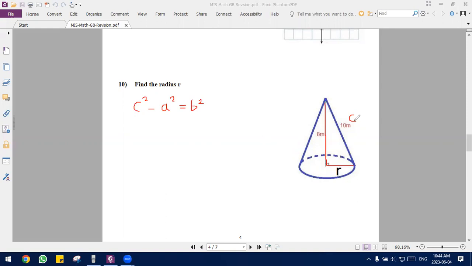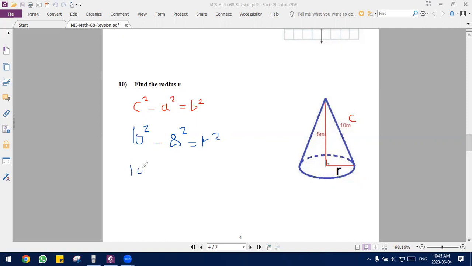If you need to find the hypotenuse, you should do plus. Now, what is C square? C square is the hypotenuse, which is 10 square, minus A is 8, minus 8 square, equal to, now I don't write B square, I write the value of it. The value of it is r, equal to r square.